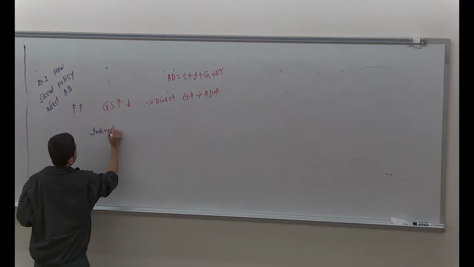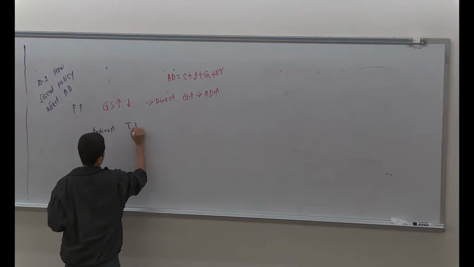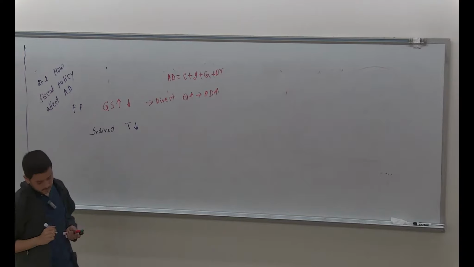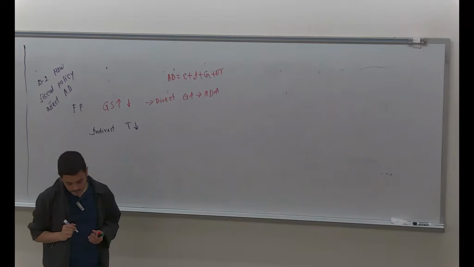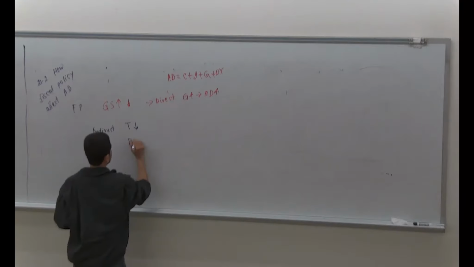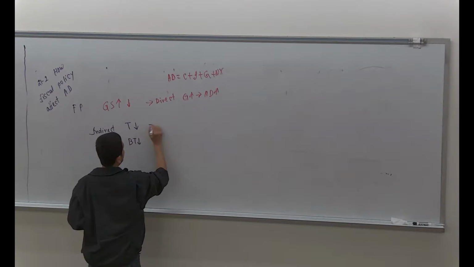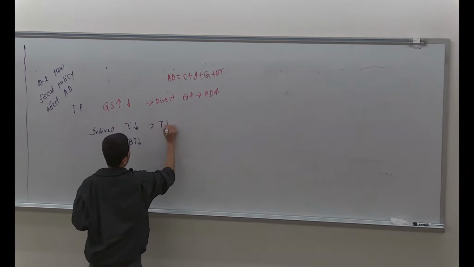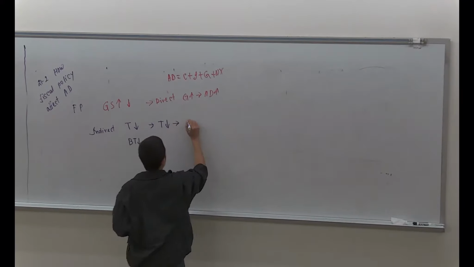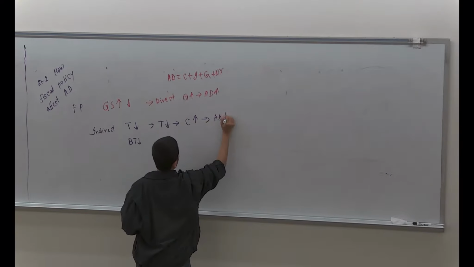The government can change the tax. Maybe the government can reduce the income tax, or reduce the business tax. This has an indirect effect. When income tax falls, your consumption will go up, and consumption going up means AD goes up.